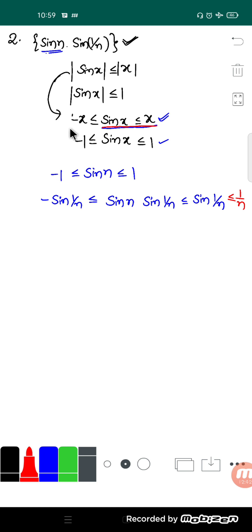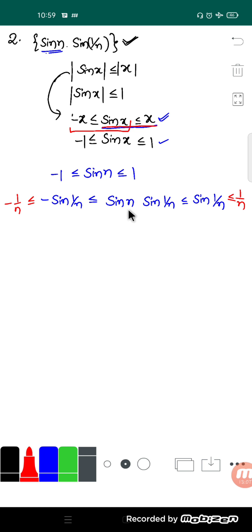Also, since sine x is always greater than or equal to minus x, we can write minus sine 1 by n is always greater than or equal to minus 1 by n.